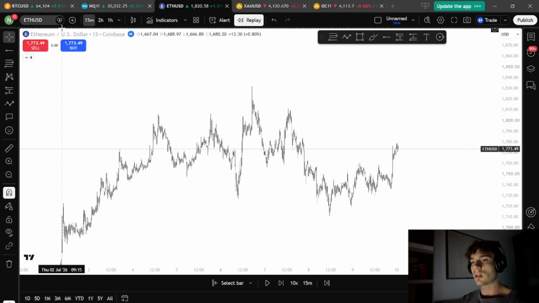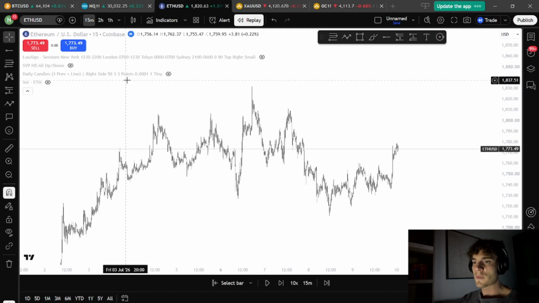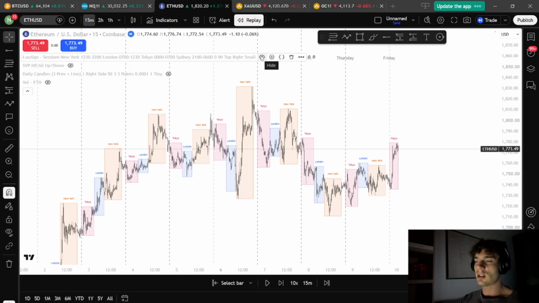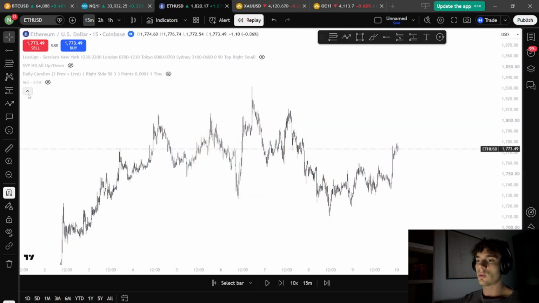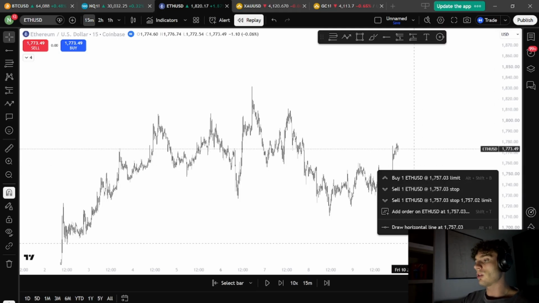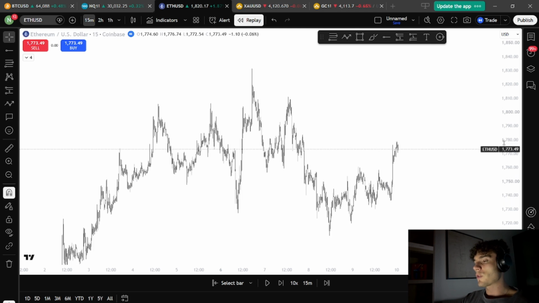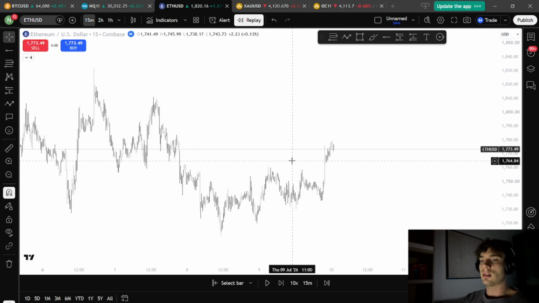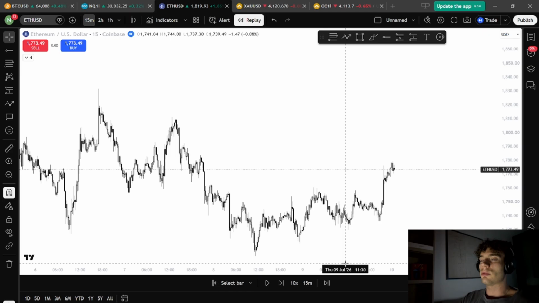I took premium because of certain indicators, for example this one for sessions, because it's easier for me to see the sessions. Also, I took it because of the alerts. If you don't have premium, you have a limited amount of alerts. With premium you have much more, like maybe 10 or 15. With the normal one maybe you have 2 or something like that.